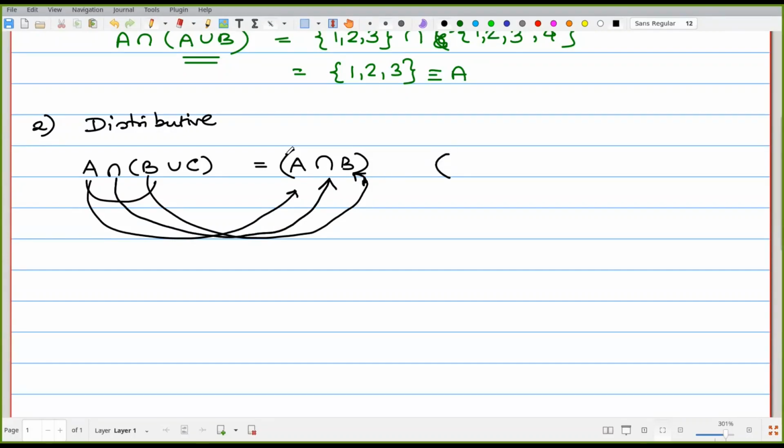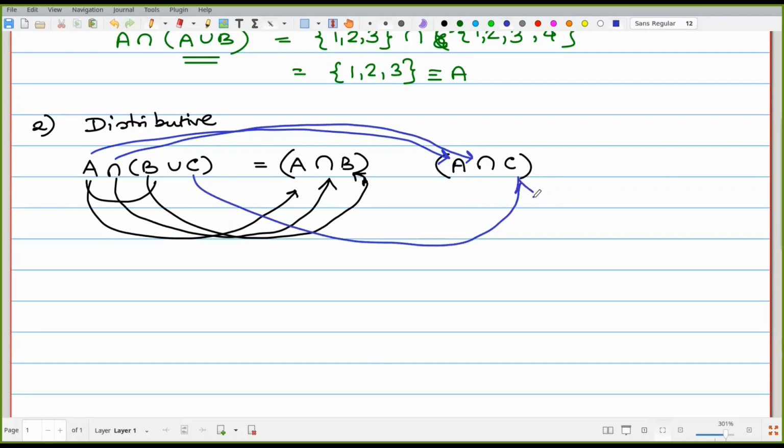Then another distribution, that is A with C. So A intersection C. Here what is happening? That A is here, then that intersection is here, then that C is here. And that union is in between both.